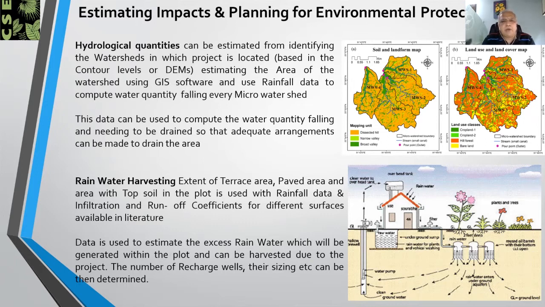Then we have techniques to assess the potential of rainwater to be harvested. This can be done by studying the extent of terrace area, paved area, and the area which is open to sky, and using different infiltration and runoff coefficients which are available, which will help to determine the amount of storm water which will be generated from the terrace top, from the paved area, and how much water will get infiltrated.